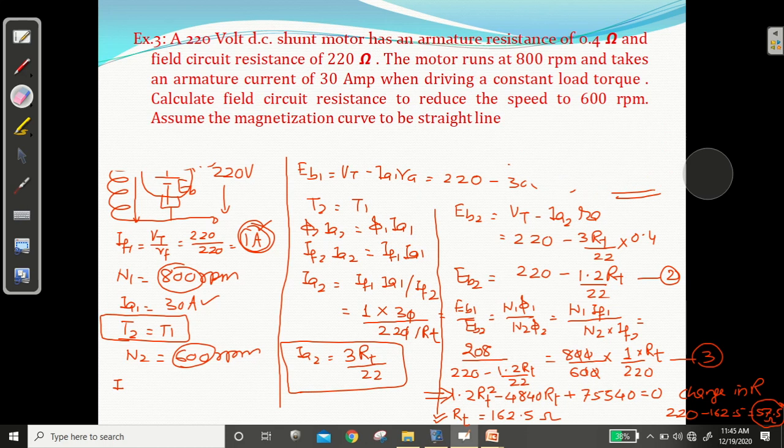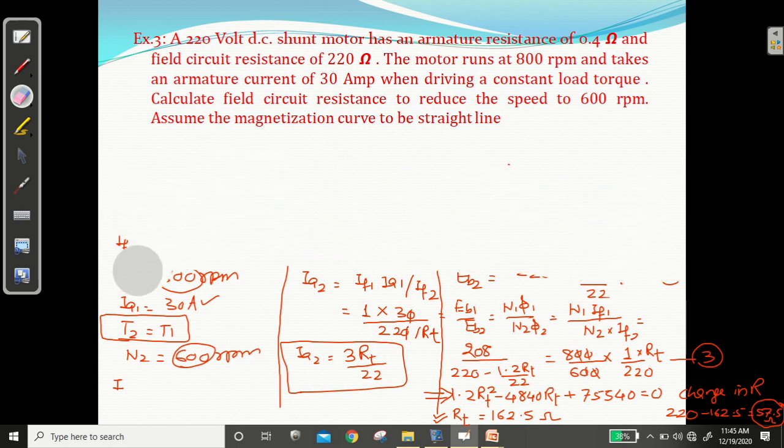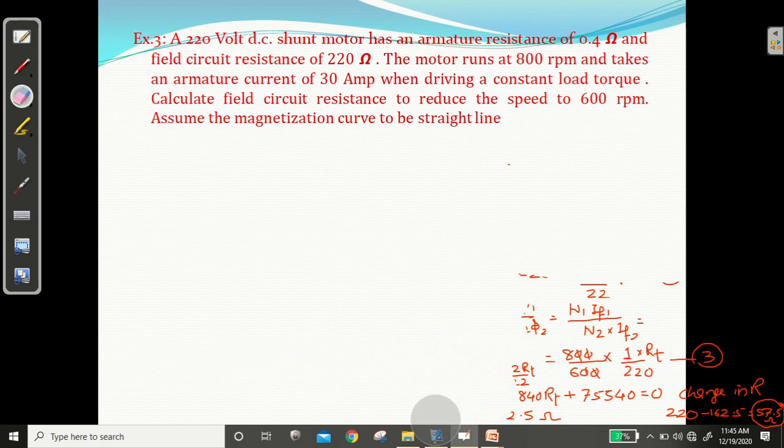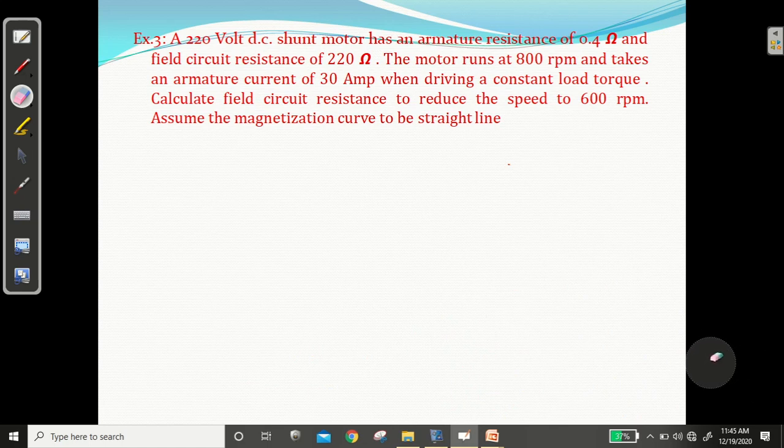Whenever you are going to solve the problem, concept will be same. पहला EB1 निकालना है, then you have to find torque conditions, you can find the current IA2, then find IA2, and from that EB2 nikal lo, and after EB2 you can use the formula E equal to N phi. You will get whatever the requirement. Okay, so all problems we will solve on the same lines.